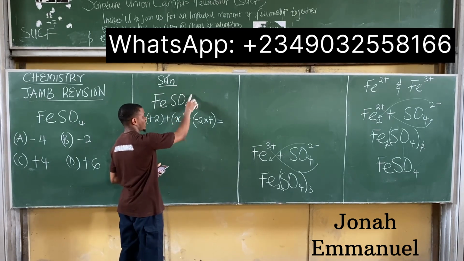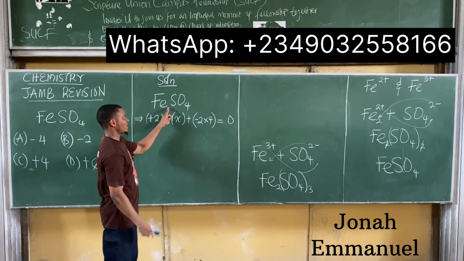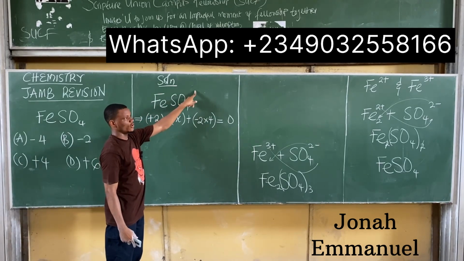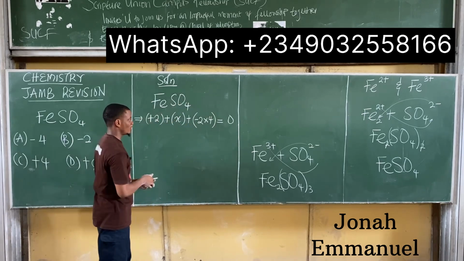There's no plus or minus here. You equate it to 0. That's how you do this, please. So assuming this compound had a charge, let's say plus something or minus something, you equate to that thing there. But since there's nothing here, it becomes equal to 0.